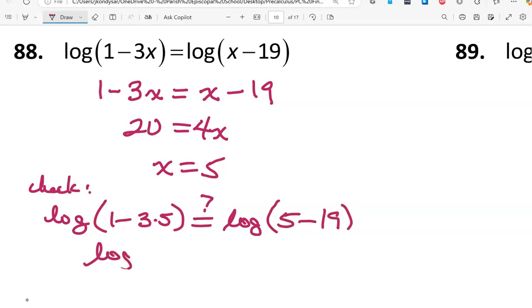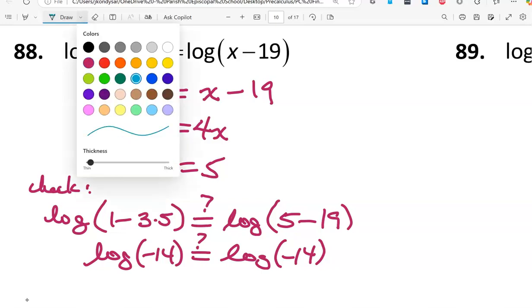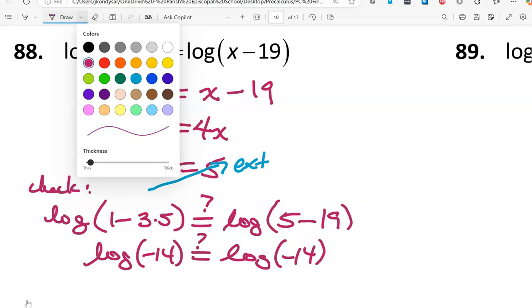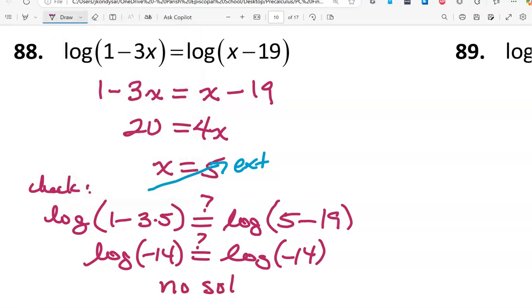And we get the log of negative 14. Is that equal to the log of negative 14? Since we can't take the log of a negative number, these two sides of the equation are not equal because they are not numbers, which means that 5 is an extraneous solution, and that means that there is no solution.